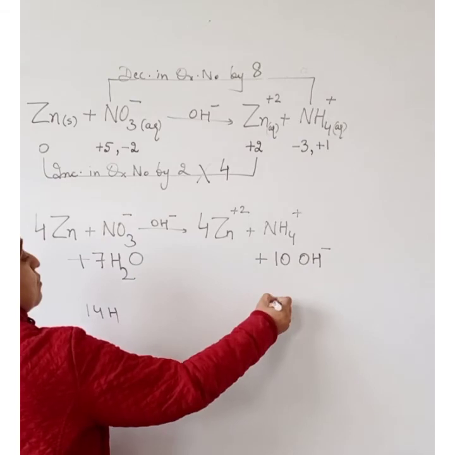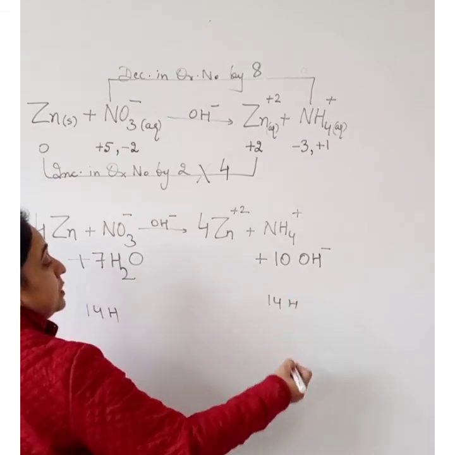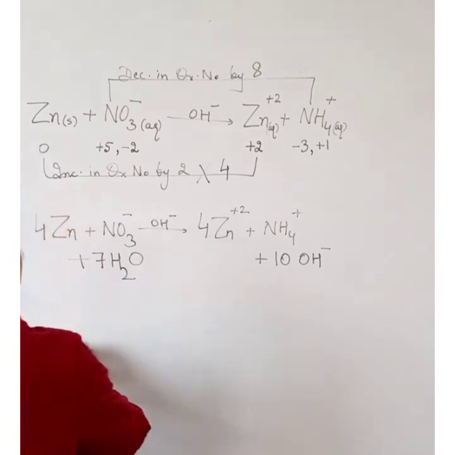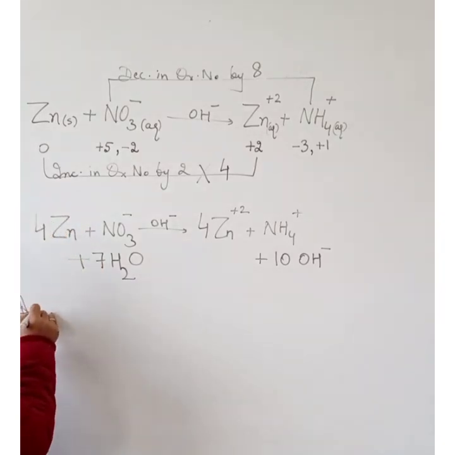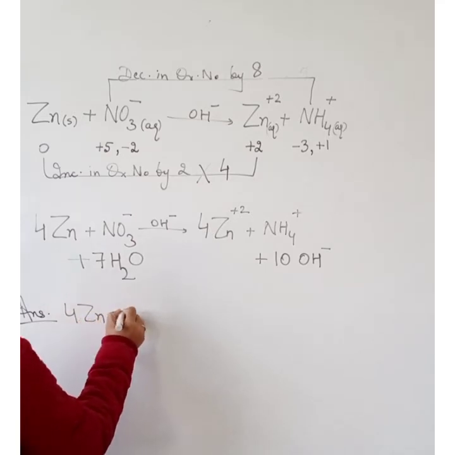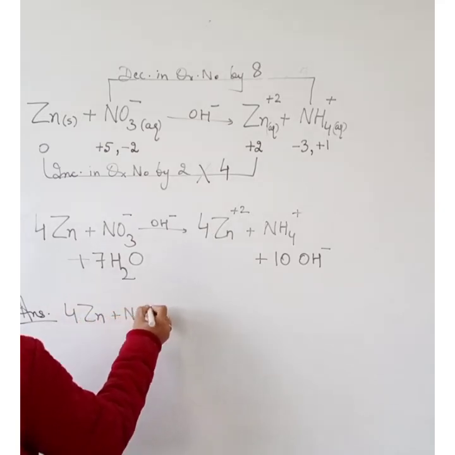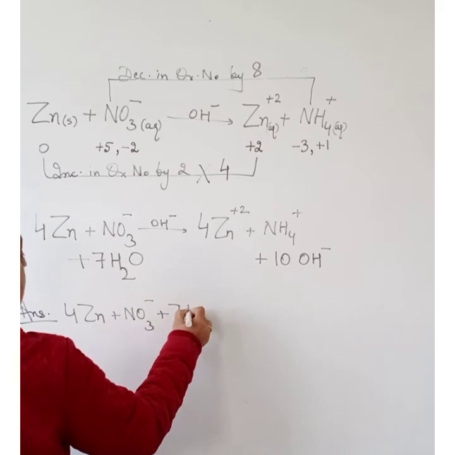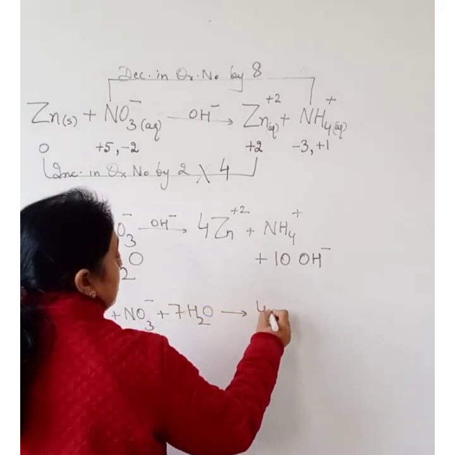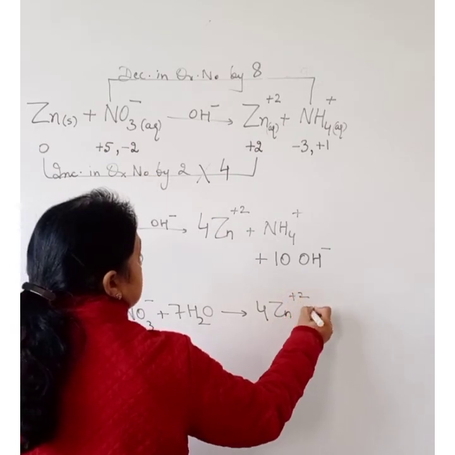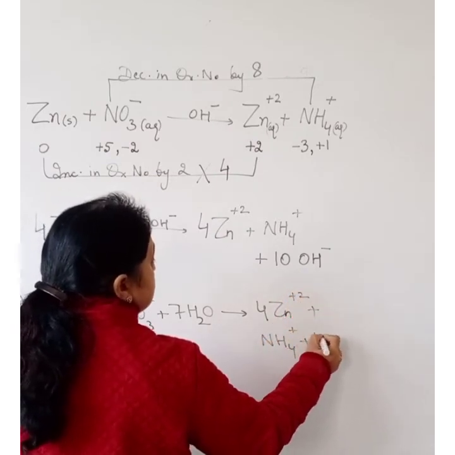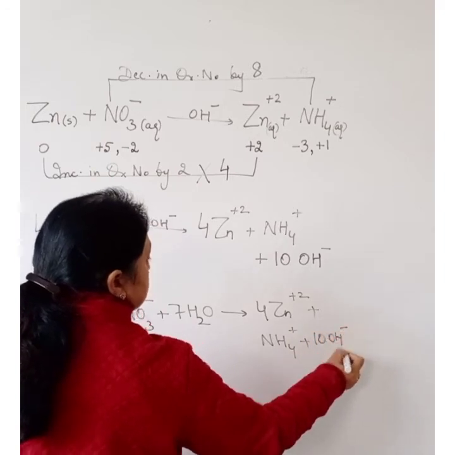So here also 14 hydrogen on both the sides. Hydrogen atom is balanced. So our final answer is 4Zn plus NO3 minus plus 7H2O gives 4Zn plus 2 plus NH4 plus 10 OH minus.